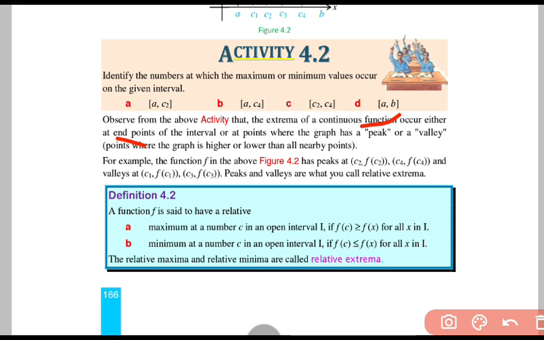A point where the graph is higher or lower than the nearby points, than all nearby points, is maximum and minimum.